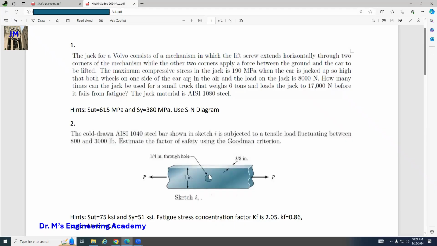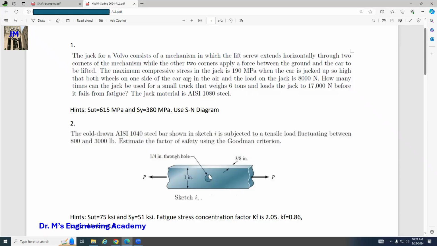So how to solve the problem, I'm going to give you some hints. First of all, I give you the SU.